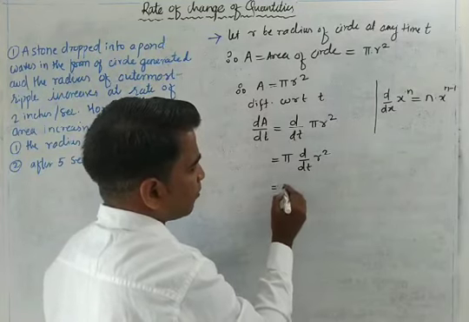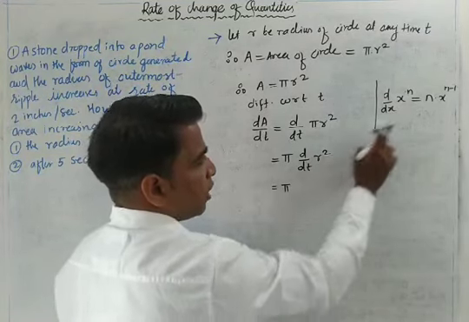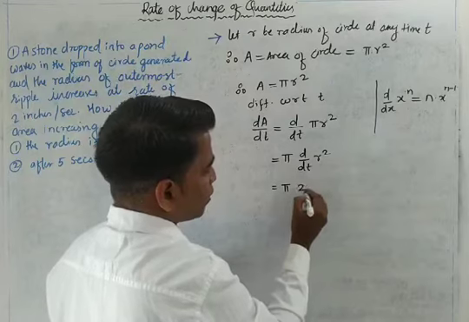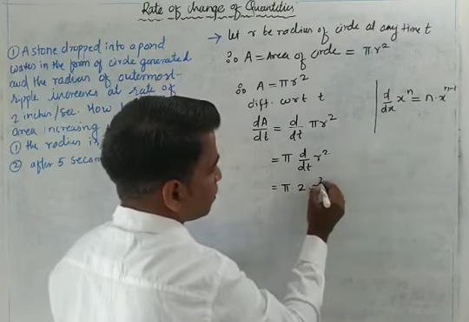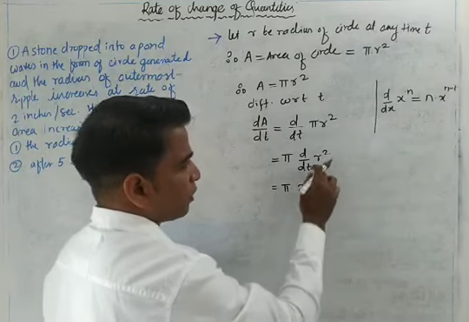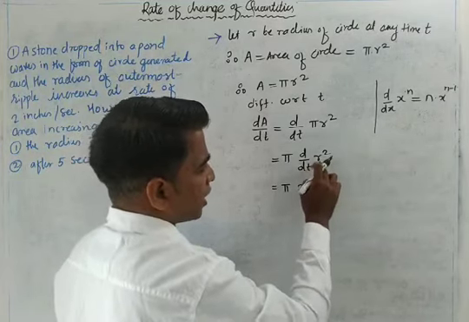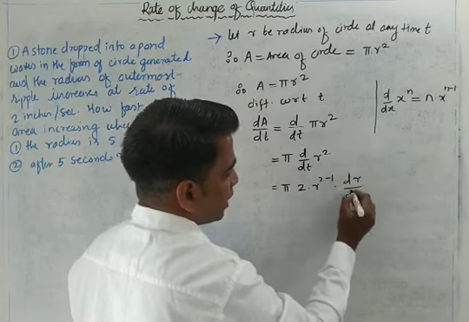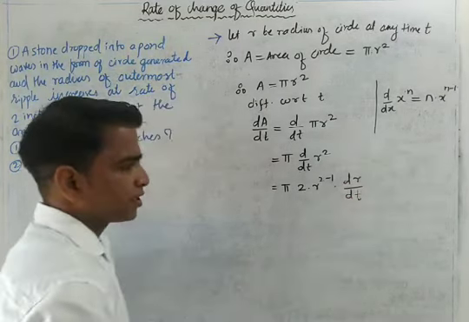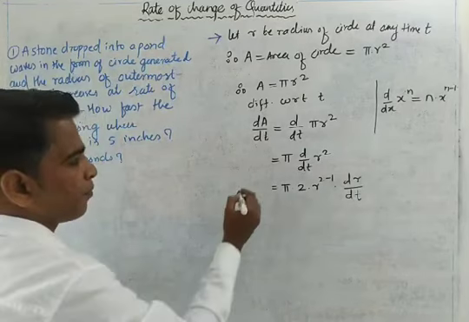So first we simplify the power with this formula, that is 2 into r raised to 2 minus 1, and we assume r in place of x. Because of that, we have to multiply with the rate of change in radius with respect to time.